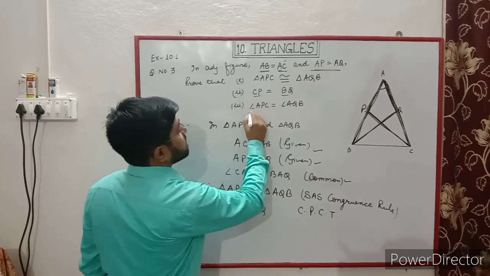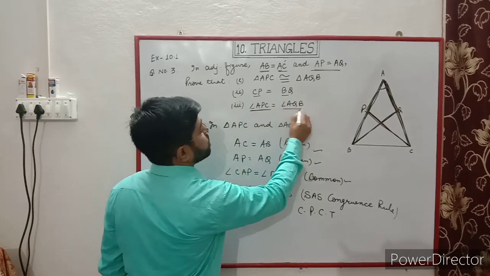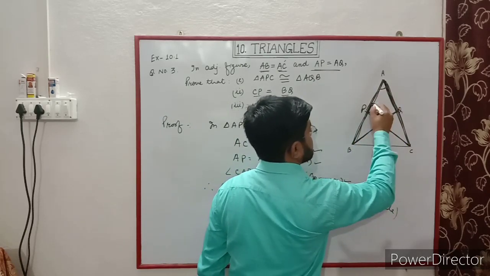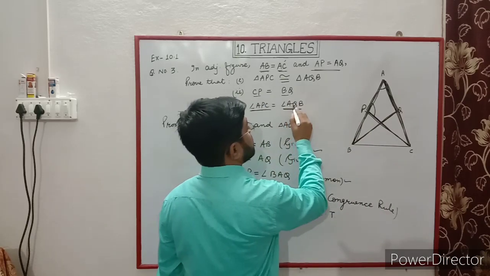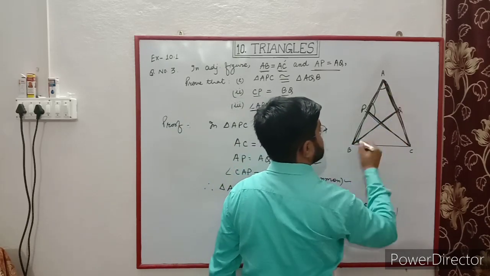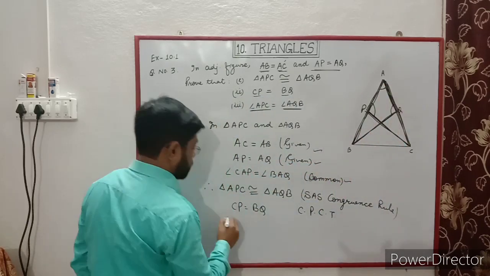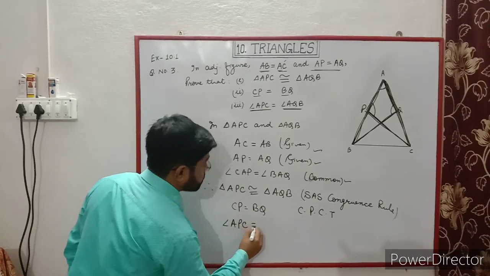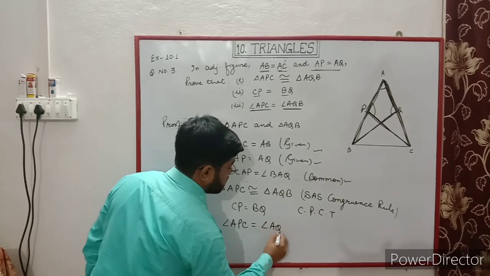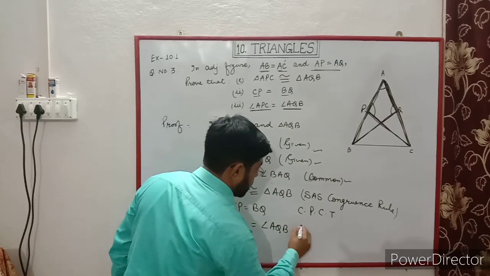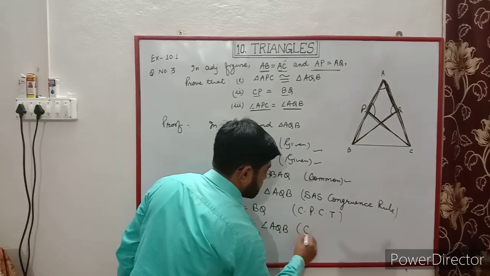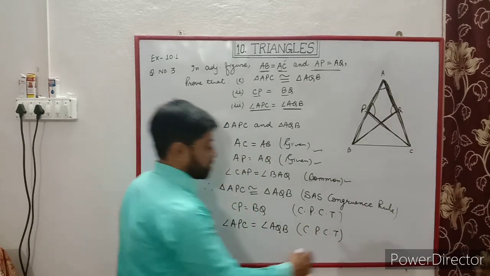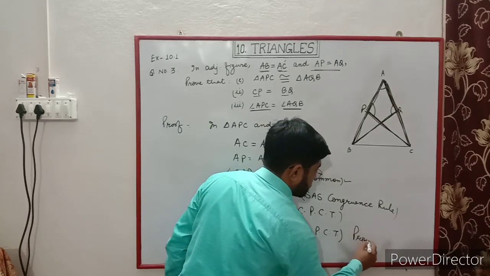Now third, angle APC is equal to angle AQB. Both are equal by CPCT. Proved.